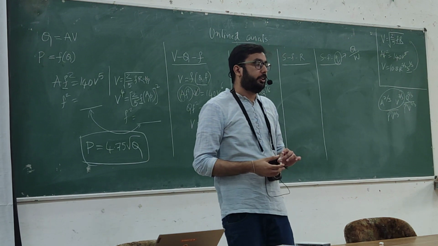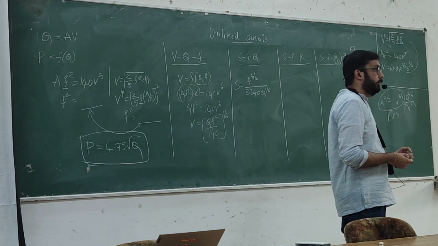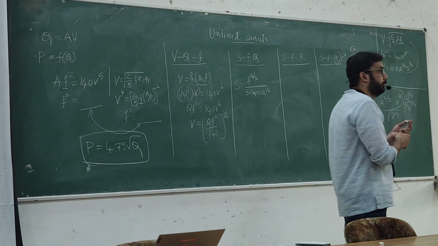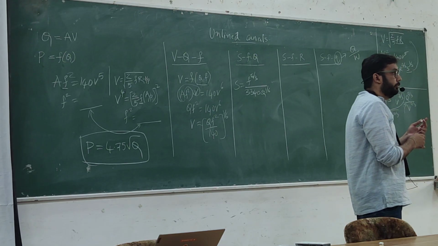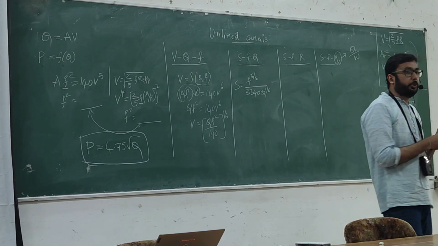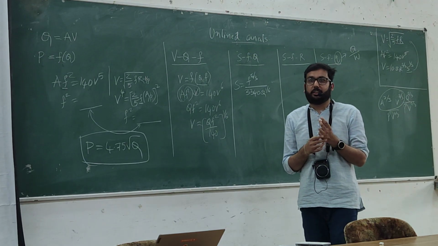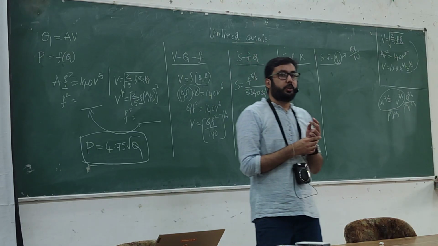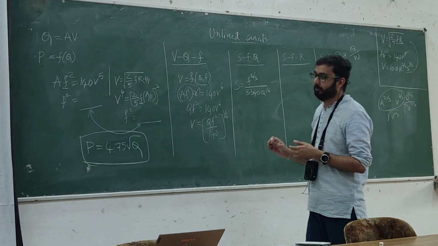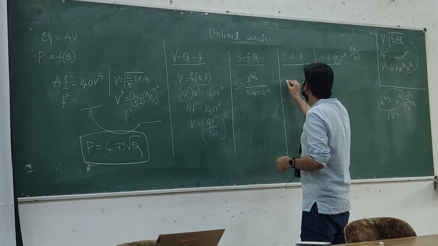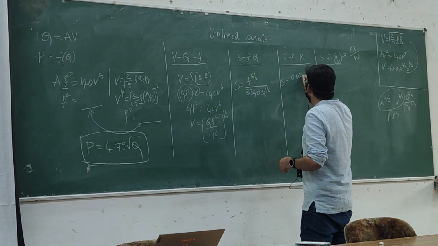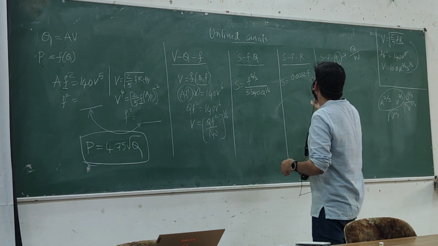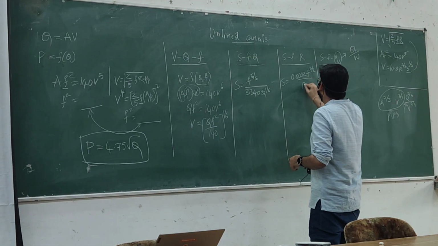So do all of you agree with that, or somebody else got any other? So you got a different answer? What is it? Minus 1 upon 2. So now we have two answers. So R power 1 by 6 or R power minus 1 by 2? Minus 1 by 2? Yes. So that's 0.0002 F power 3 by 2 and R power minus 1 by 2.